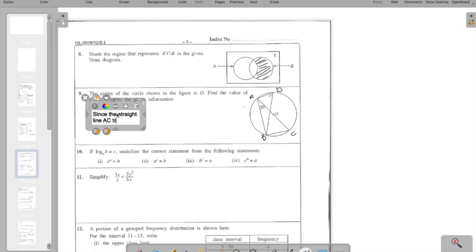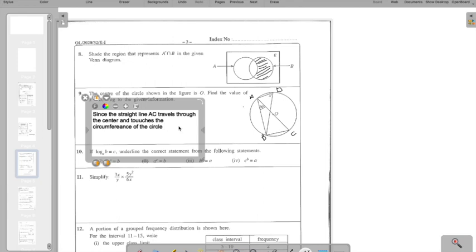AC travels through the center and touches the circumference of the circle, ABC will be equal to 90 degrees.